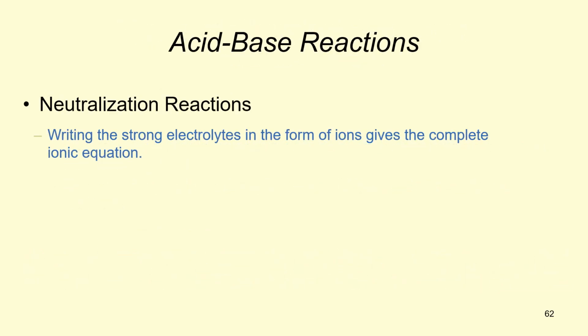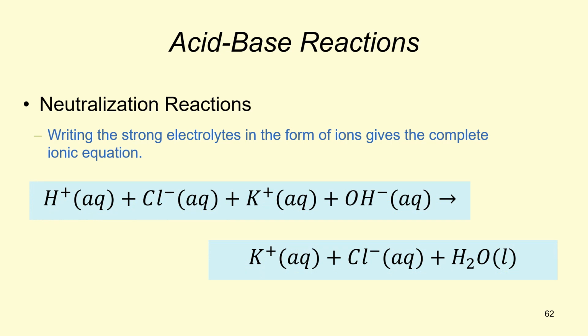Again, because both of these are strong acids and strong bases, we would write the complete ionic equation like this. So let's just remind you, it was HCl plus KOH. Because HCl is a strong acid, I break it up into H plus, Cl negative, K plus, OH negative, and then gives me KCl, which is soluble, so I write that separate.